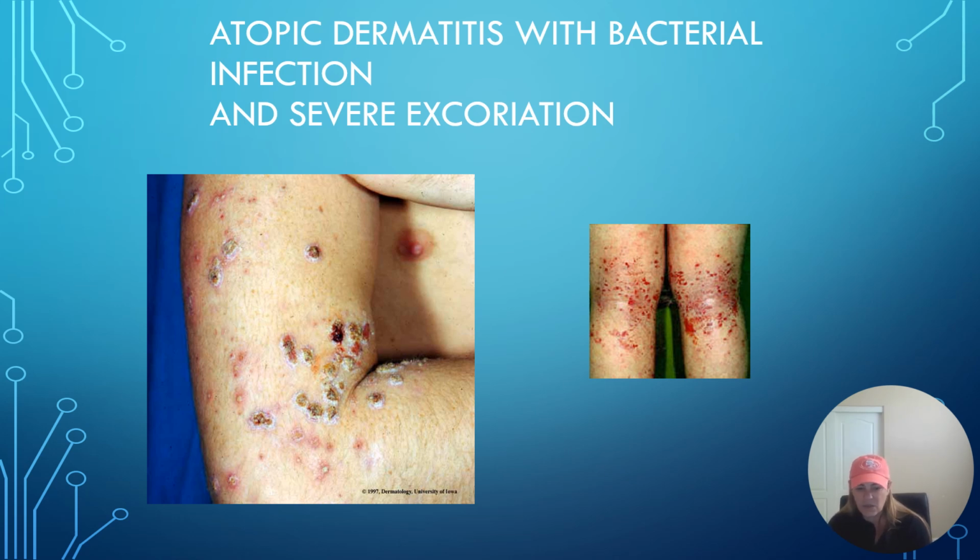So you can see those reddened, scaly vesicles. They're very dry and they are very itchy. And so when they itch, you can cause some skin breakdown, continuous skin breakdown. That's when the bacteria can get in there and cause a secondary infection.